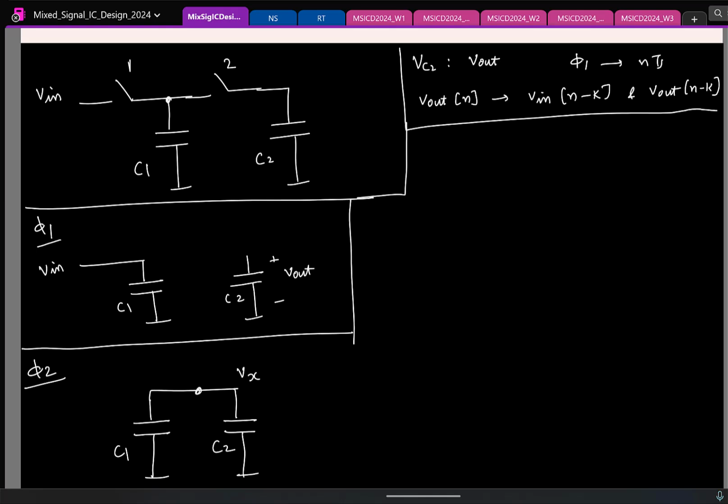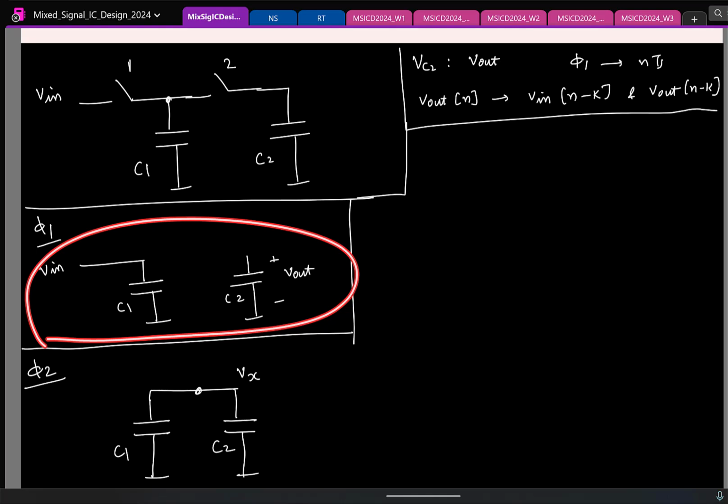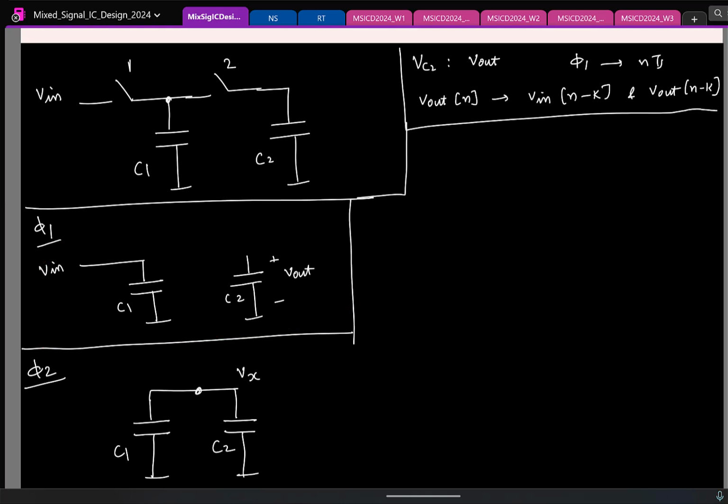Cool. So now let's do this. We have to apply charge conservation here. I'm interested to find V out. What is the charge conservation? Where will I apply charge conservation here? No, this is the circuit you are interested in. You want to apply charge conservation or KCL, whatever you want.